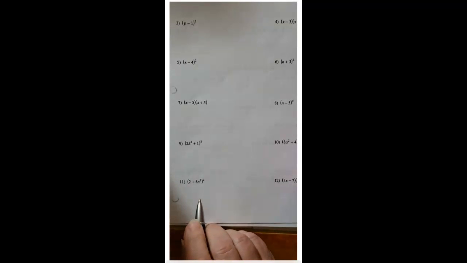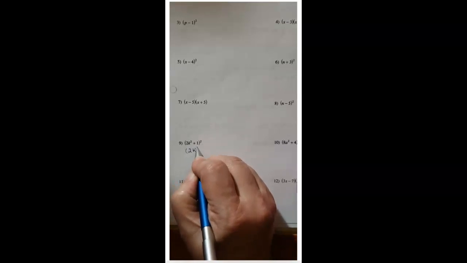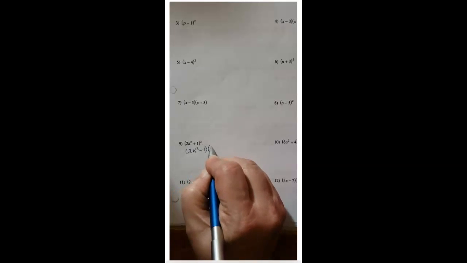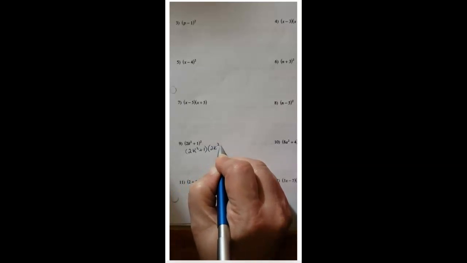If we turn over to page 17, again, we've talked about a problem like this, but let's go ahead and look at it. So that would be 2k squared plus 1 times 2k squared plus 1, since that's a square. First times first would give me 4k to the 4th.